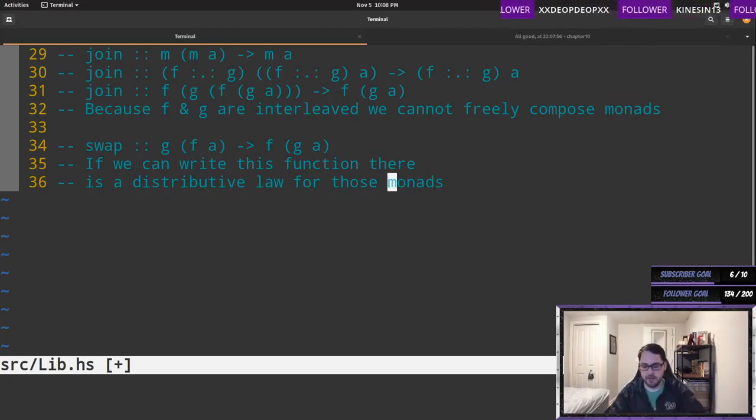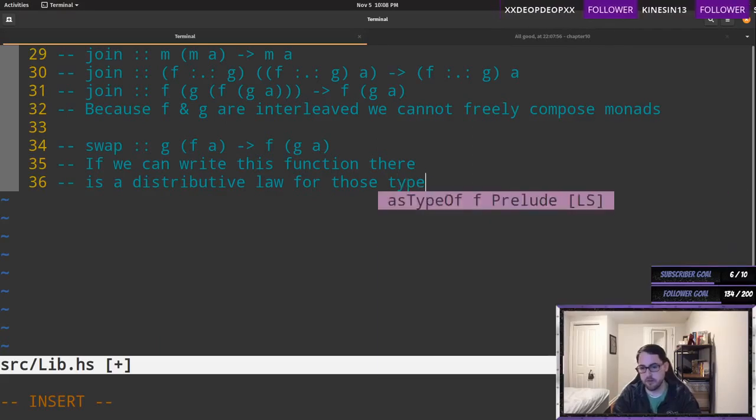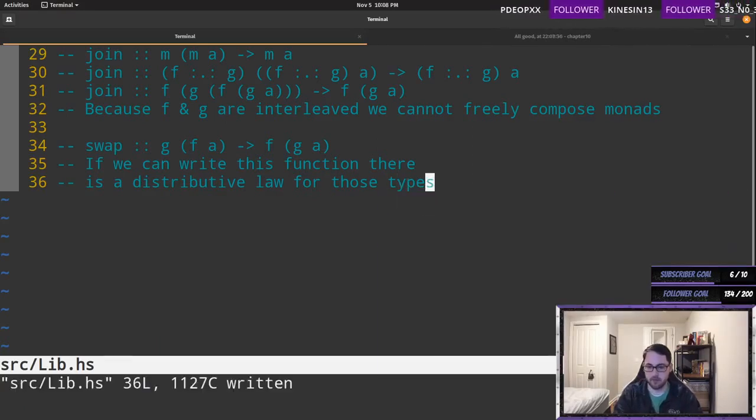But either way, F and G are not necessarily monads. They're just types. And yeah, the point is they're not necessarily monads. These F's and G's we're writing everywhere, they're not necessarily monads, so you shouldn't call them monads.